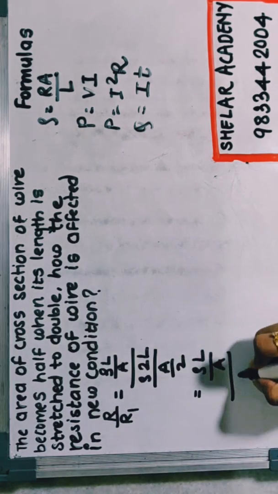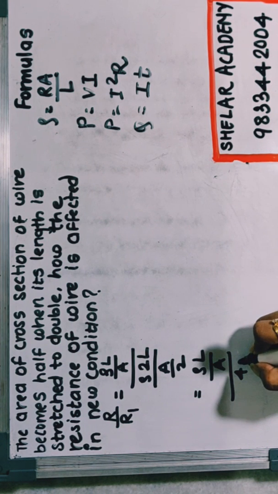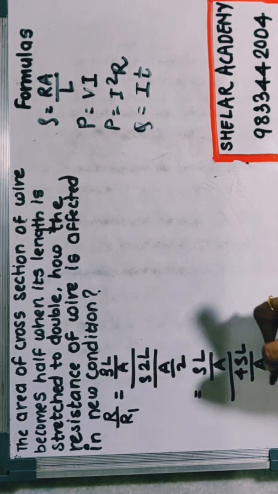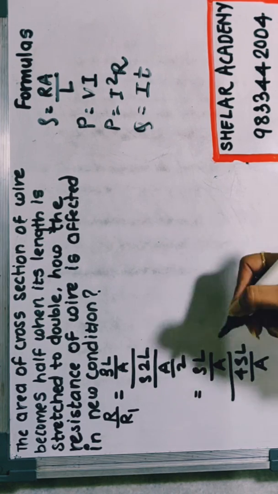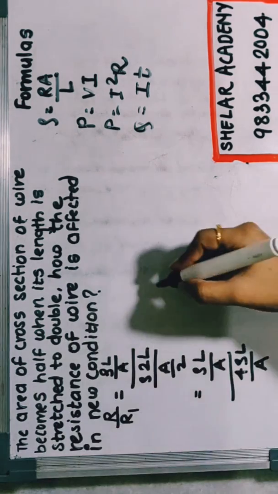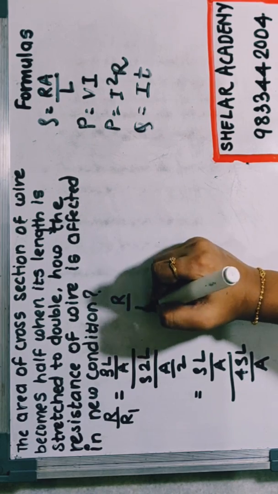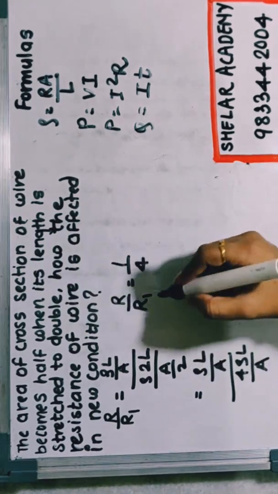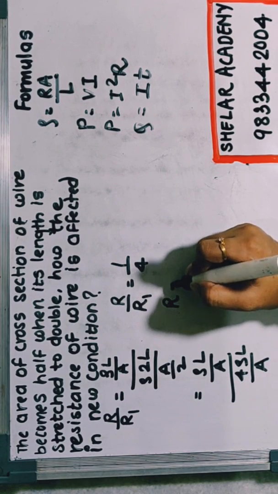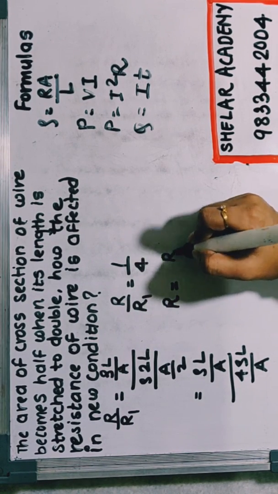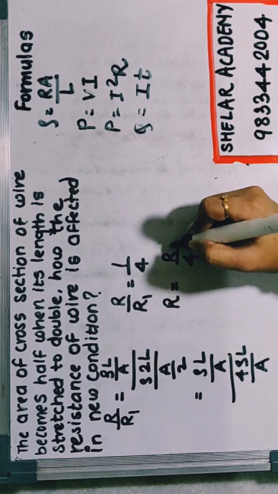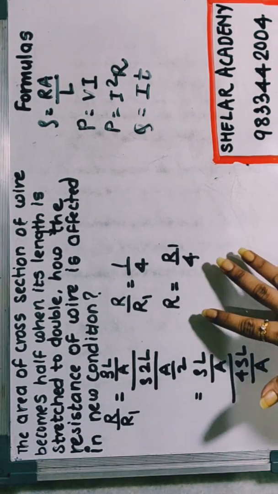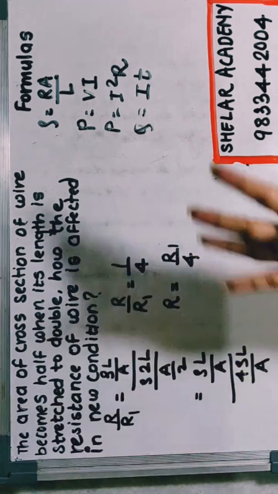If we take this 2 upwards, it becomes 4 times L by A. And if we divide it further, we get R by R1 equals 1 upon 4. So basically the old resistance is 1 by 4 times of the new resistance. So here we say that the resistance increases 4 times.